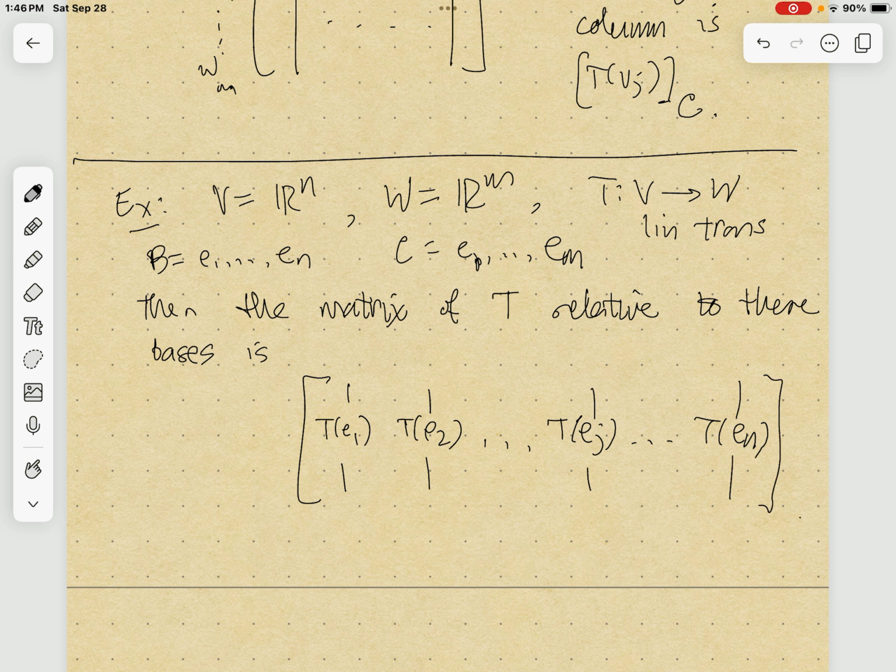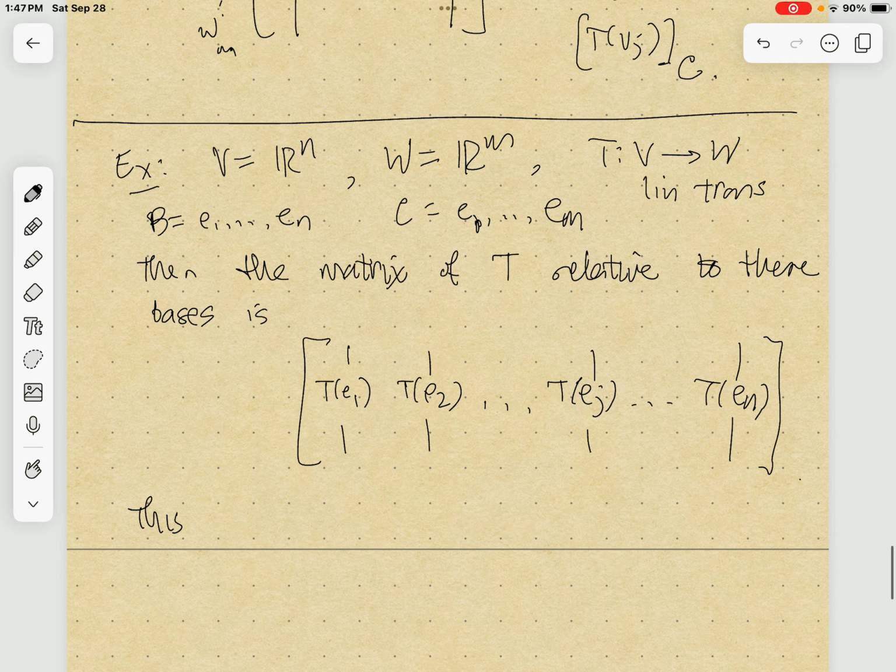So it's like this. And so that's the matrix that you may have learned about when you have a linear transformation from Rn to Rm, right? And how do you get a matrix out of it? That's called the standard matrix. So this is the standard matrix of the linear transformation T.